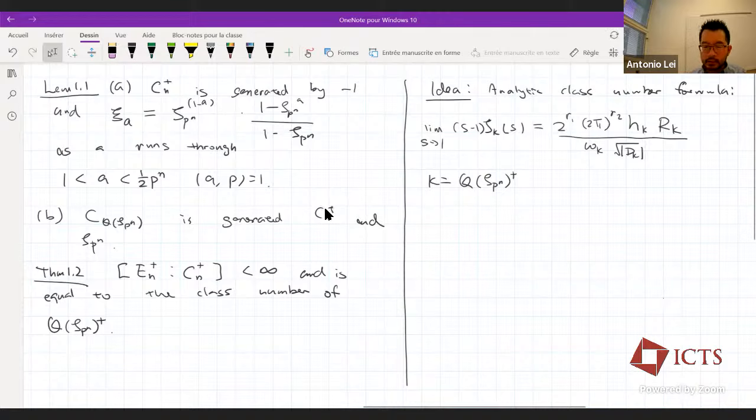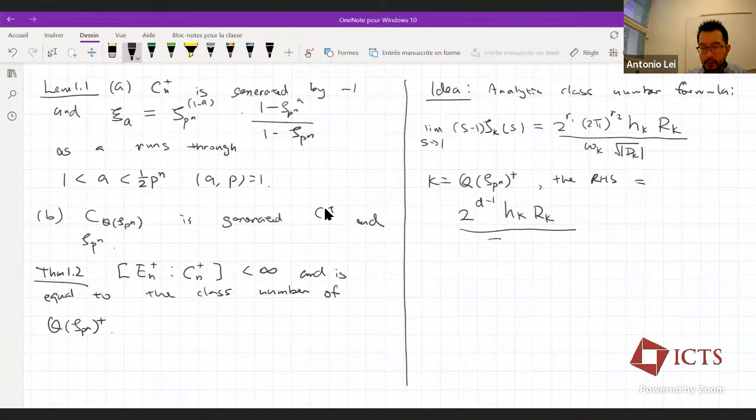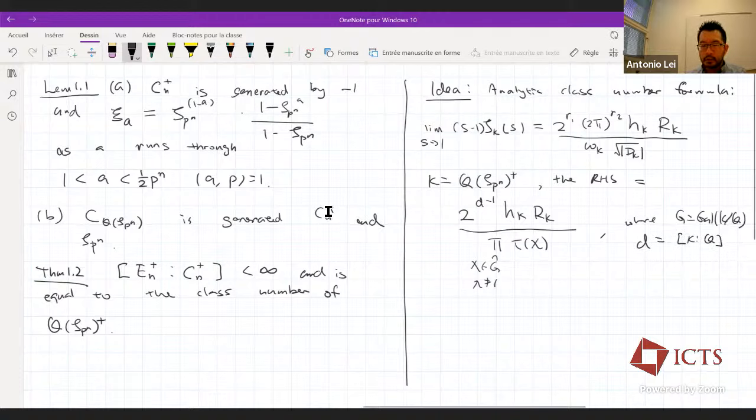So what you get is that the right-hand side becomes something like 2^{d-1} times the class number times the regulator, divided by some product of Gauss sums. Here G is just the Galois group of K over Q, and d is the degree of my extension. So you can calculate the class number using this formula.